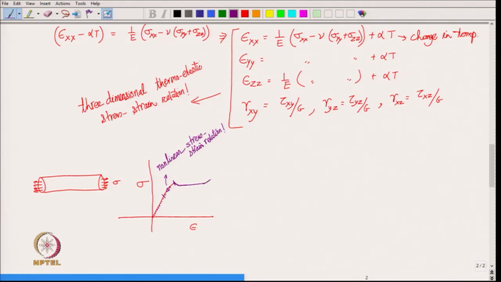And then at a point it breaks. So, this is where it breaks. This is a regime where the body has yielded, and that is also called the regime of plasticity. It is the plastic regime.